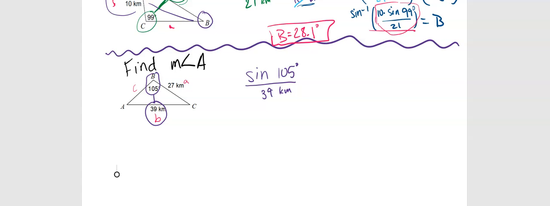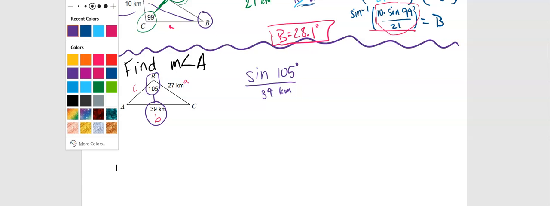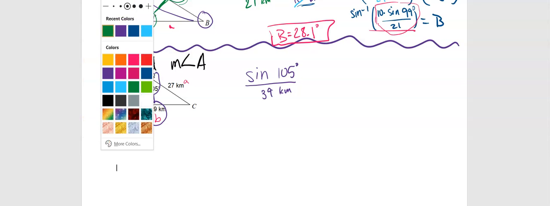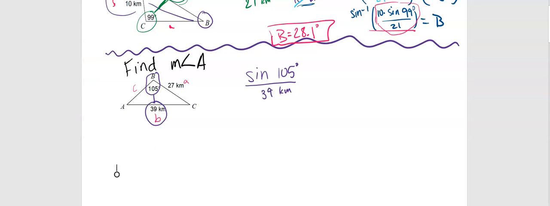I also know, and let's see if I can get a different color for this, oh, there we go, that I have a little a, but I'm looking for the measure of angle A. So these two values are going to also be paired together to create a proportion. So sine of A divided by 27.